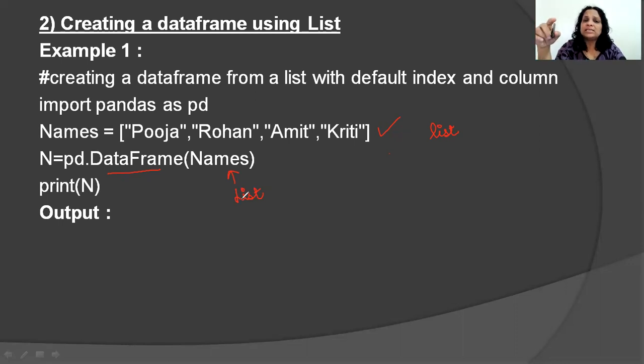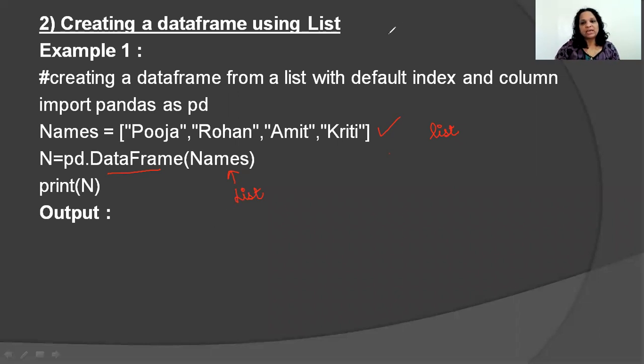Now what does this list consist of? Pooja as one element, Rohan as another element, Amit as a third element, and Kriti as the fourth element. So what happens when you create a data frame using a list? Every element of your list becomes one row of your data frame.